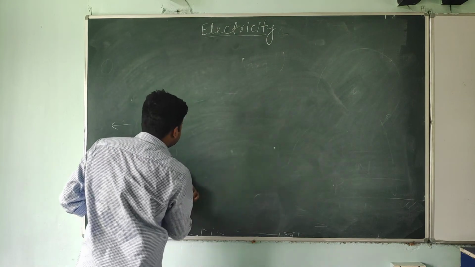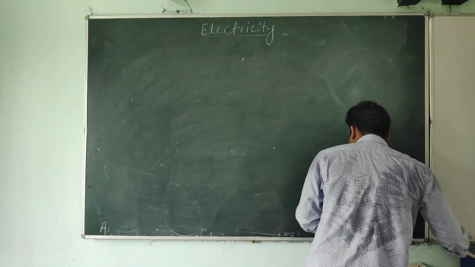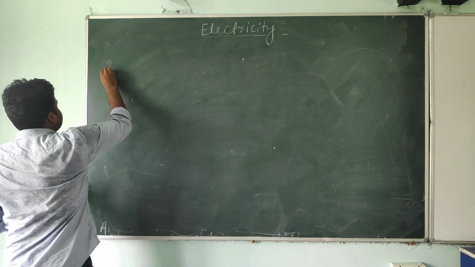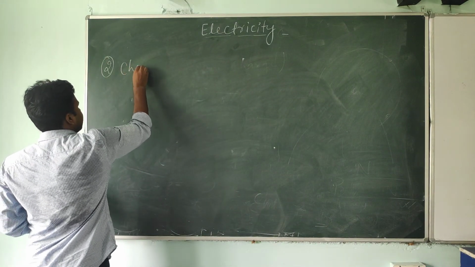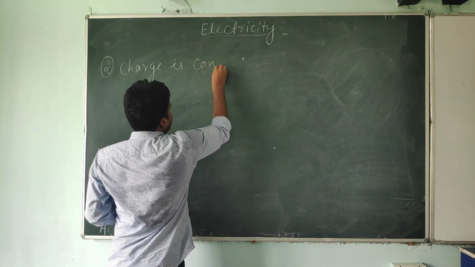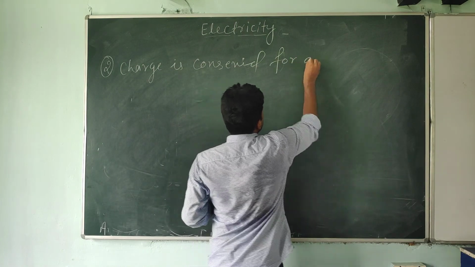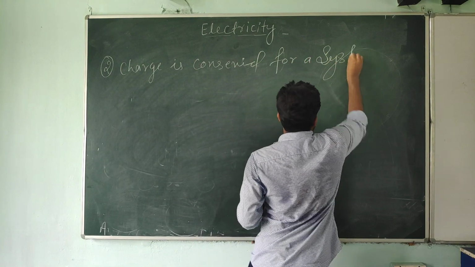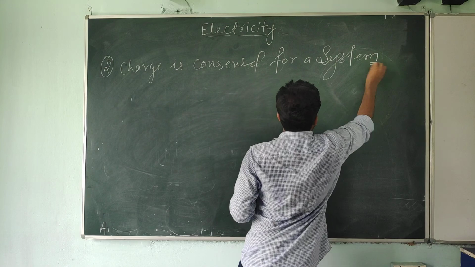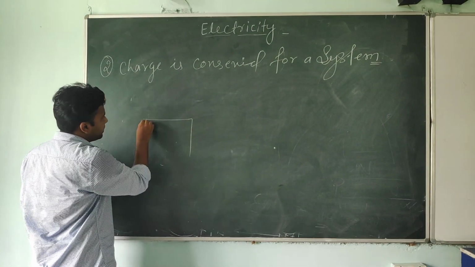The second property is: charge is conserved for a system. What is the meaning of this, student? Charge is conserved for a system. Let me take an example.